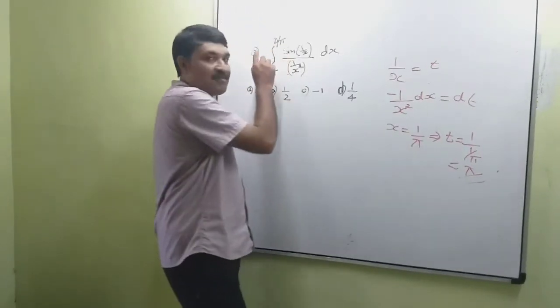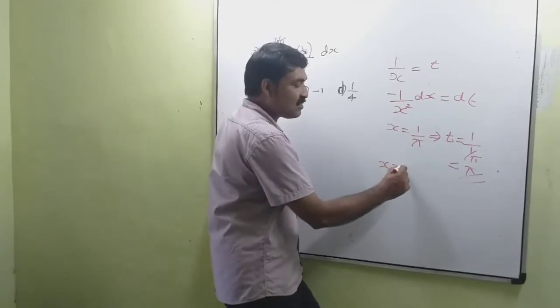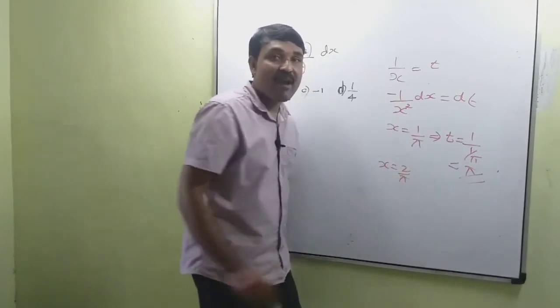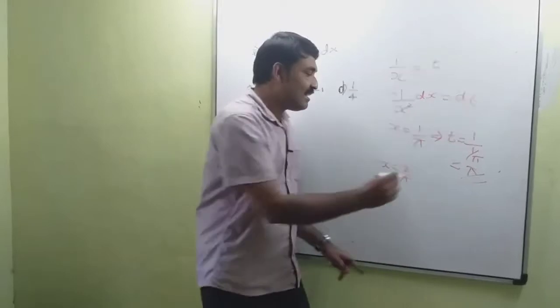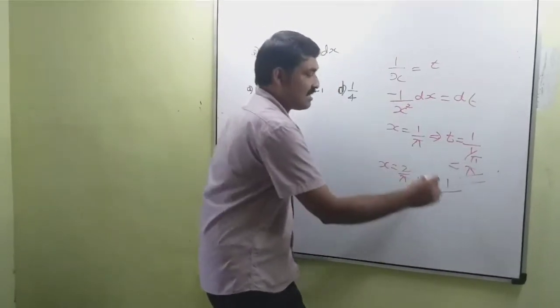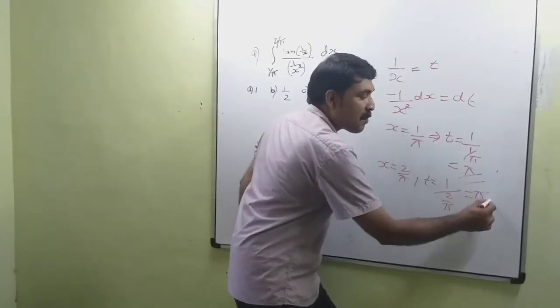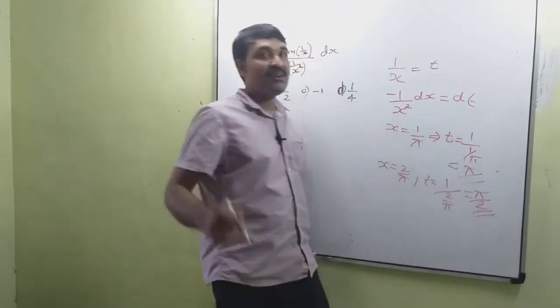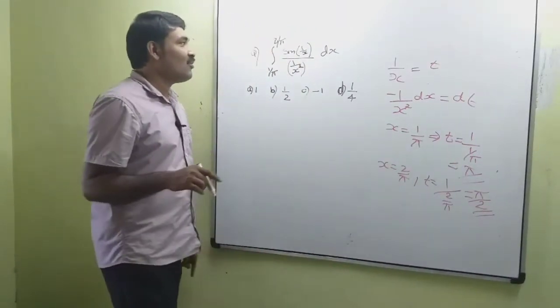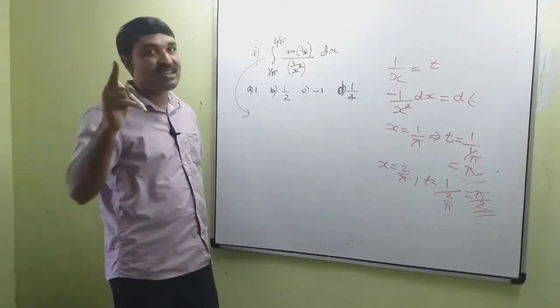Upper limit in terms of x is 2 by pi. What is the value of t? t is equal to 1 divided by x, with x being 2 by pi, so this reduces to pi by 2. Okay, pi by 2.